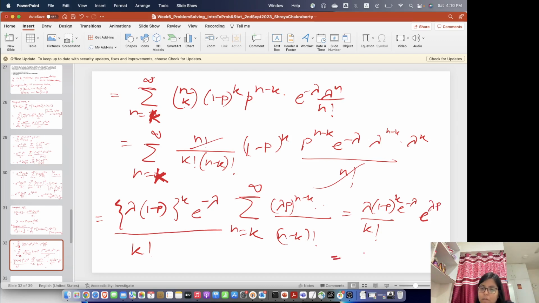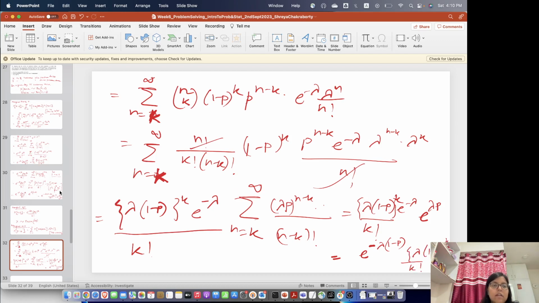So then this will be e to the power minus lambda, if we take common, then (1 minus p) lambda into (1 minus p) whole to the power k by k factorial.